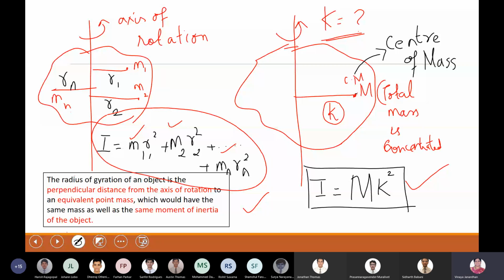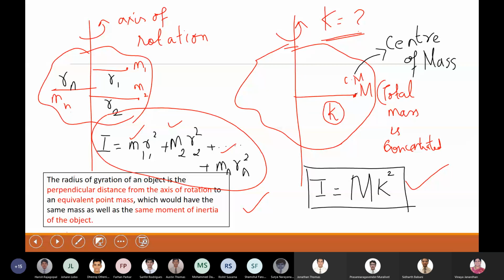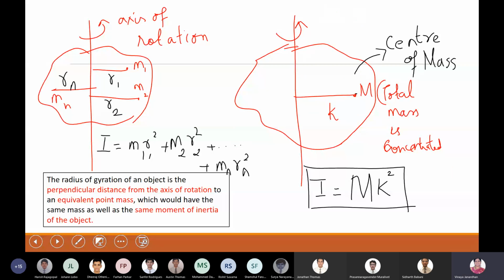So the radius of gyration of an object is the perpendicular distance from the axis of rotation to an equivalent point mass, or I can write to the center of mass. Instead of equivalent point mass, I can write center of mass.